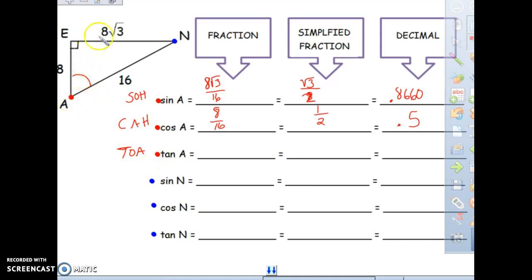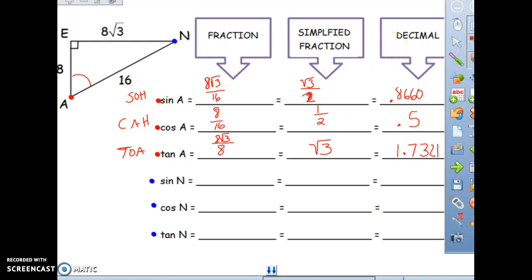So we're looking for opposite 8 roots of 3 over adjacent, which is 8. Reducing our fraction, we get the square root of 3. On a calculator, we get 1.7321.